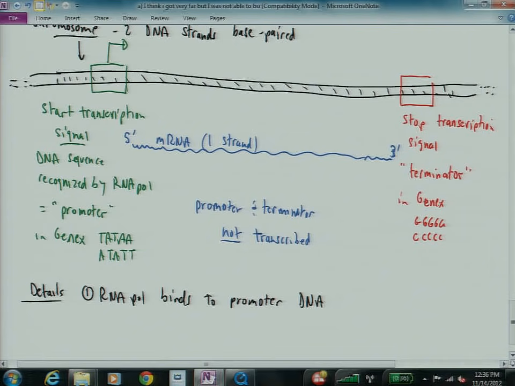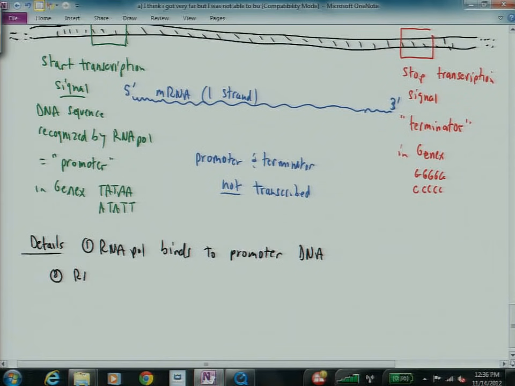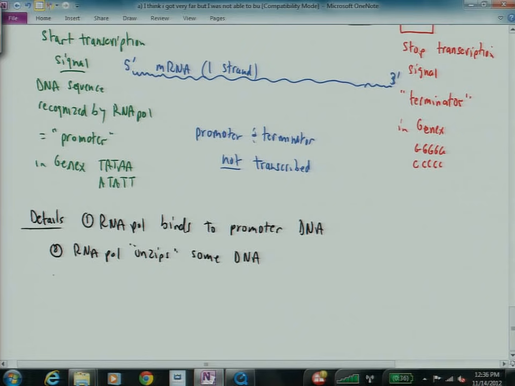And then, 2, RNA polymerase unzips some DNA, breaking the base pairs, separating the base pairs. 3, RNA pol starts making mRNA, and always 5' to 3'. That is, you add to a 3' end.